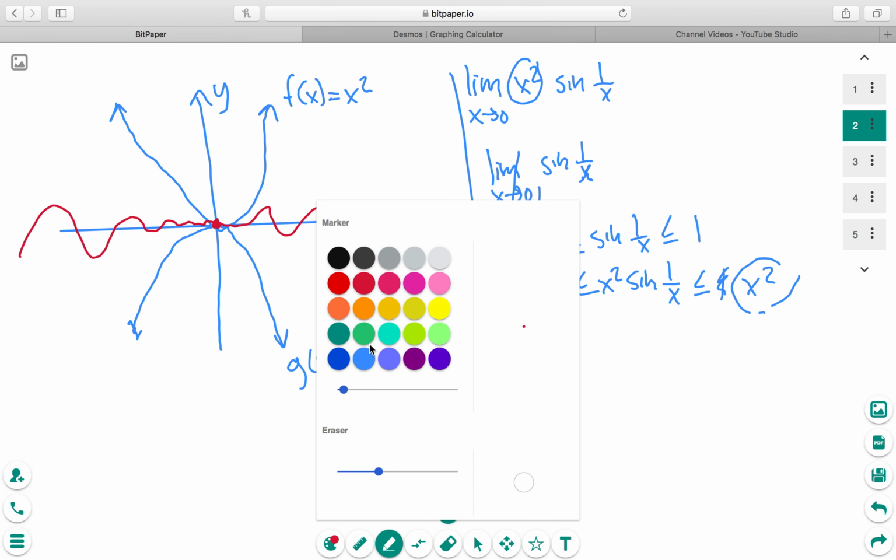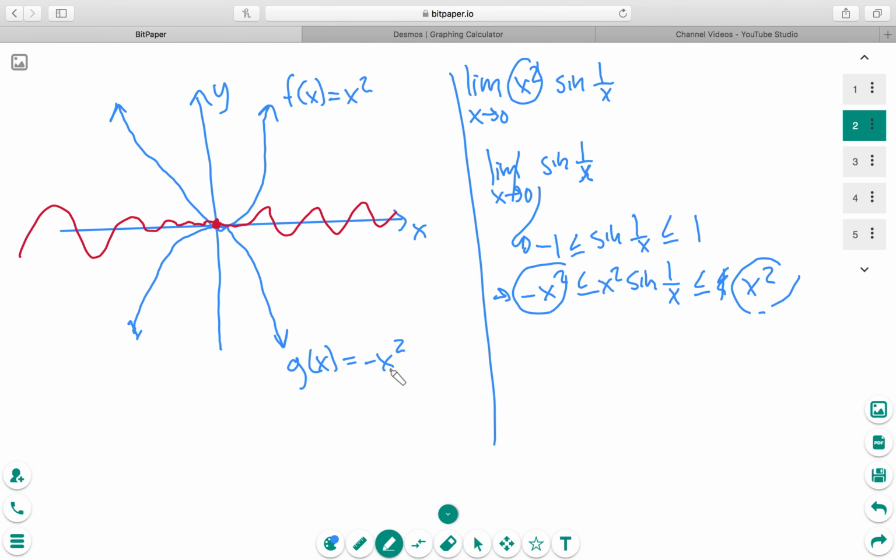We know that. And so basically what we can say, according to the Squeeze Theorem, is let's take the limit. What is the limit as x goes to 0 of f of x? And f of x, remember, is x squared. And so what is that? Well, if you take the limit from the left-hand side, it goes to 0.